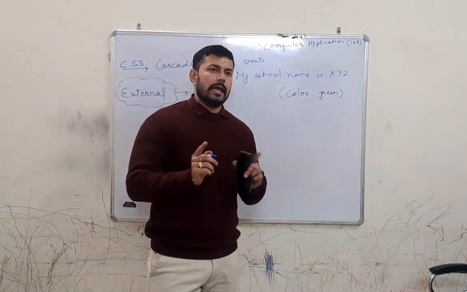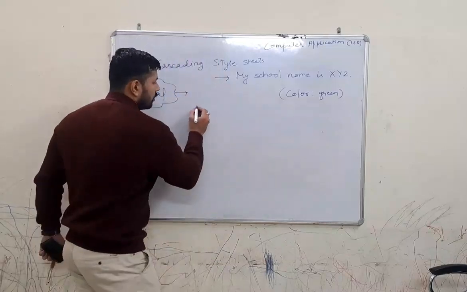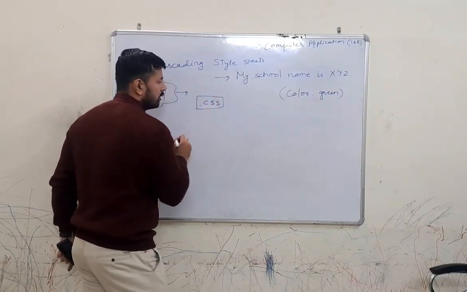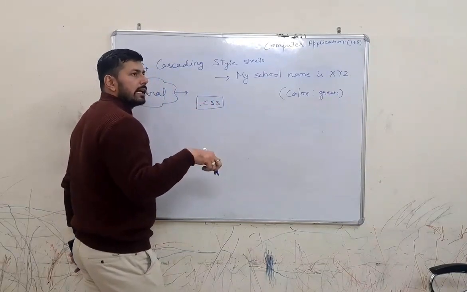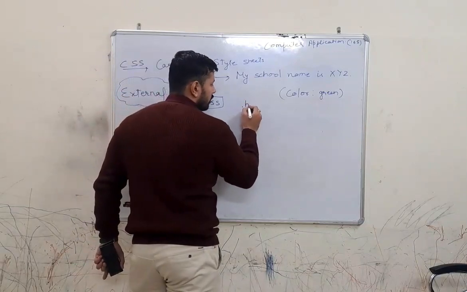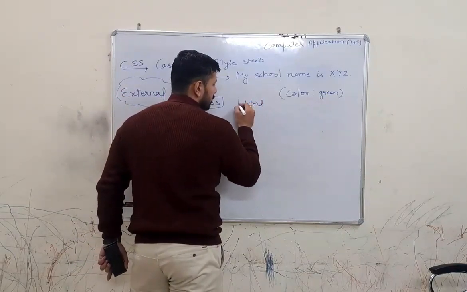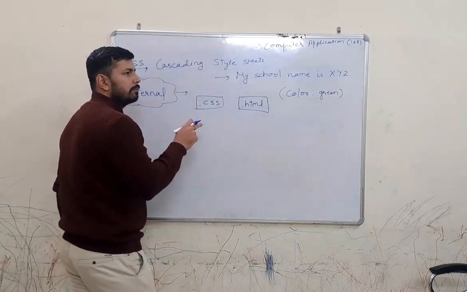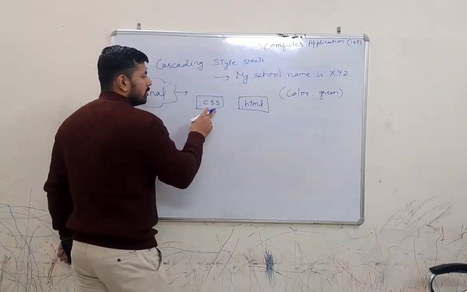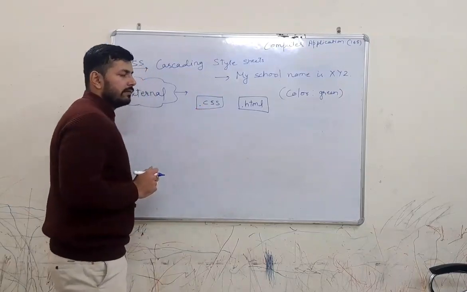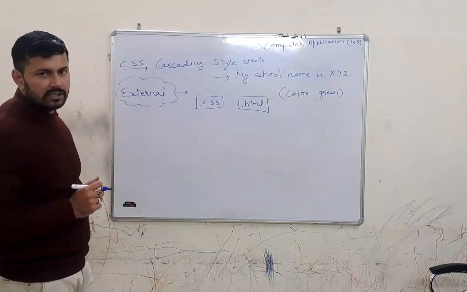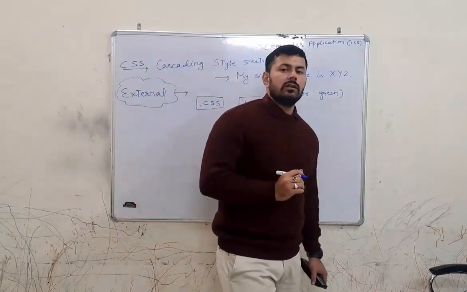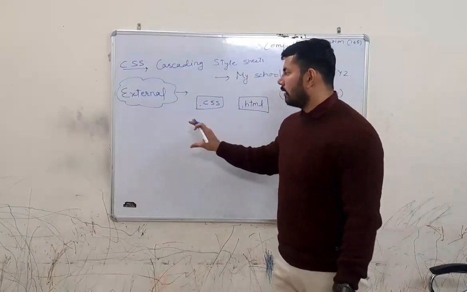Then we will save that file with the extension .css. This is the extension, same as we save our HTML file with the extension .html. Okay, so this is the HTML file, and if we save that text file with the extension .css, then it will be a cascading style sheet, and then we will add this external style sheet inside our head tag only.